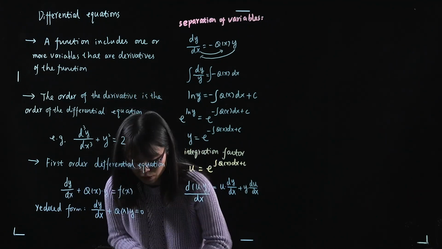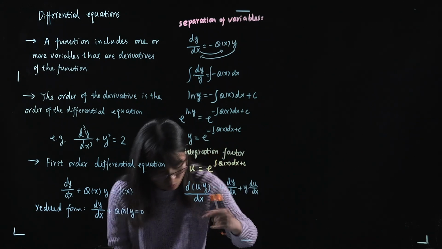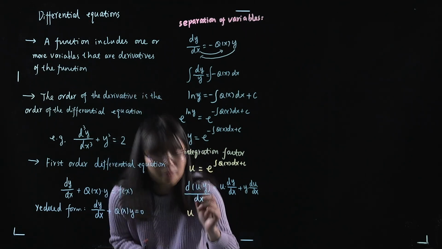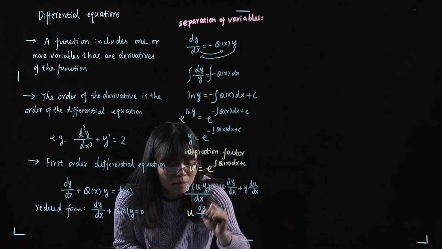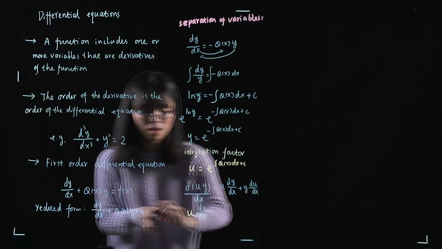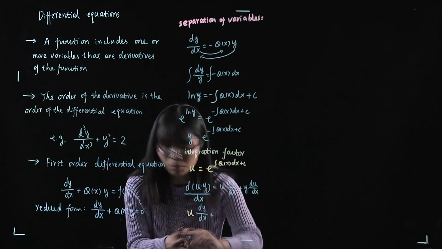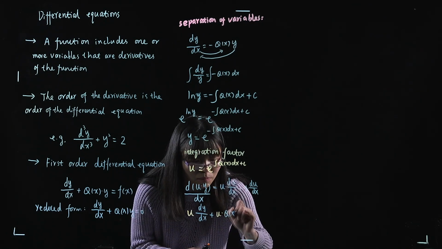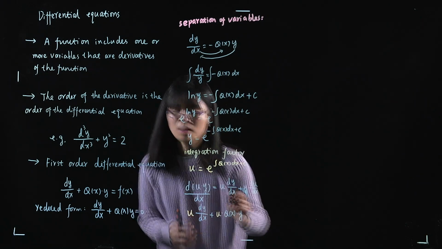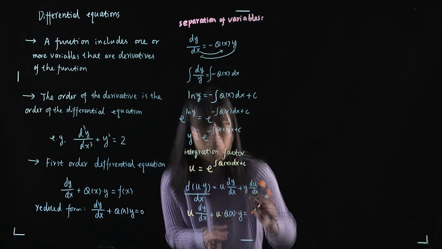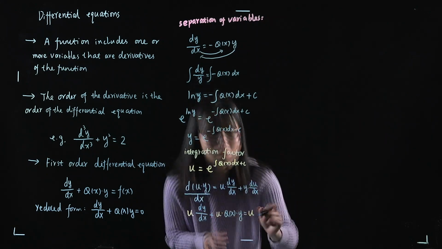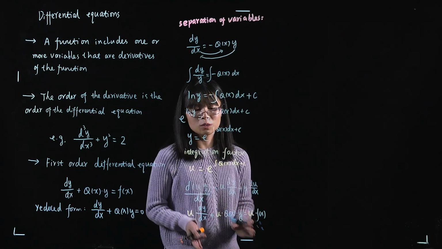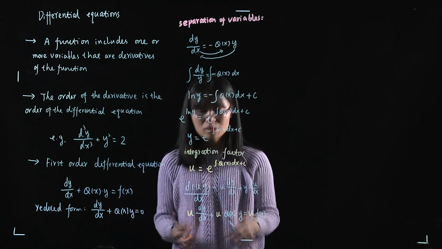I multiply u times dy/dx, then for the second term, I multiply u to q(x) and y. On the other side of the equation, I multiply u to f(x). Let's try to see what's going on with this.